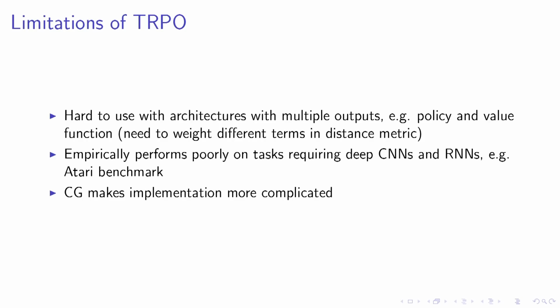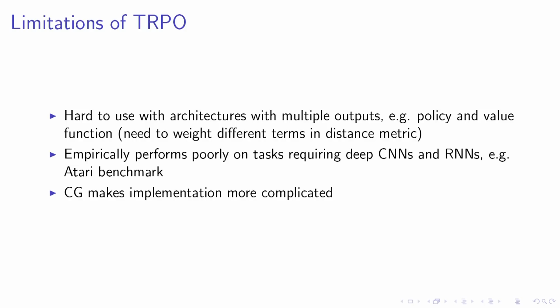So okay, this has some limitations though. One issue is that it's hard to use in architectures that have multiple outputs. Like if the policy is outputting action probabilities and a value function, then it's not clear what you should use instead of the KL divergence, because the KL divergence doesn't tell you anything about how you should update your value function part.